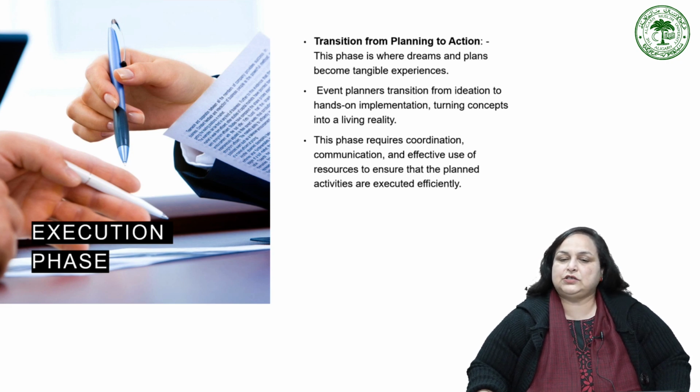As technology continues to evolve, leveraging digital tools enhances the execution phase, while a strong emphasis on clear communication and contingency planning ensures resilience in the face of unforeseen challenges.